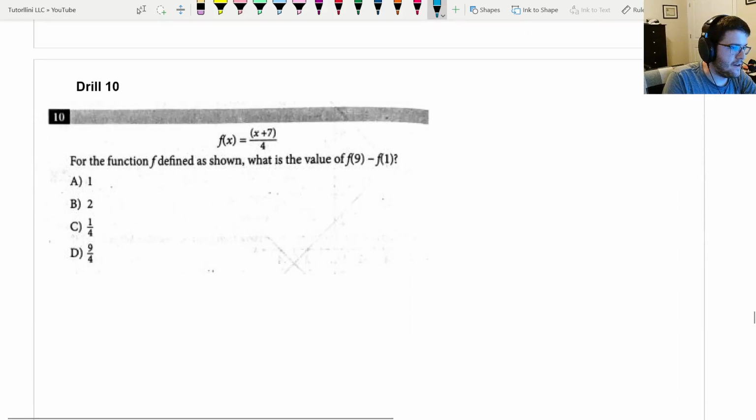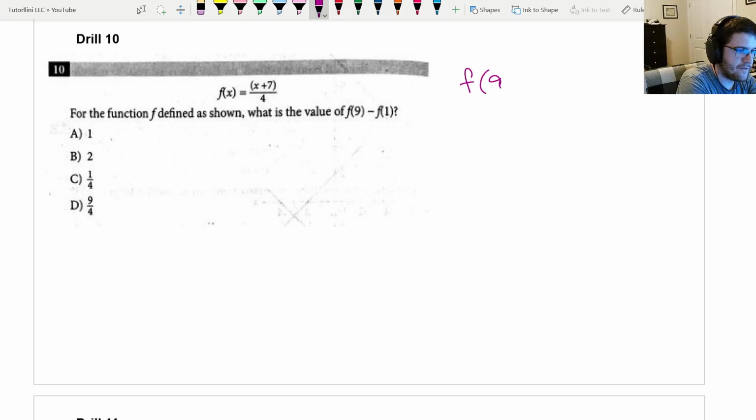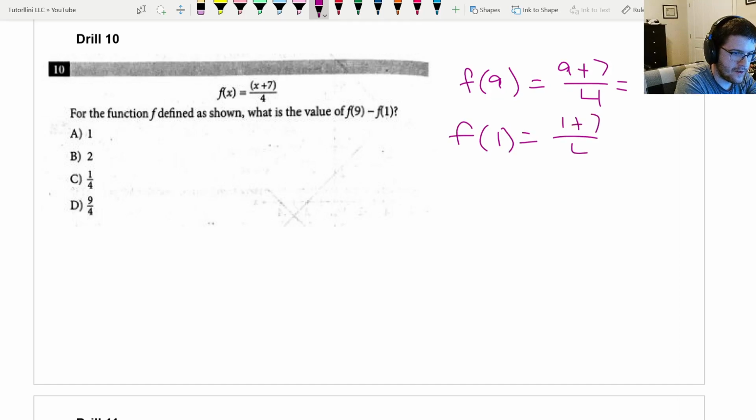Okay, 10. We want to do f of 9 minus f of 1. So we can do this by hand first. So f of 9, we just replace x with 9. So 9 plus 7 over 4. That's 16 divided by 4, which is 4. F of 1 is 1 plus 7 over 4. That's 8 divided by 4, which is 2.